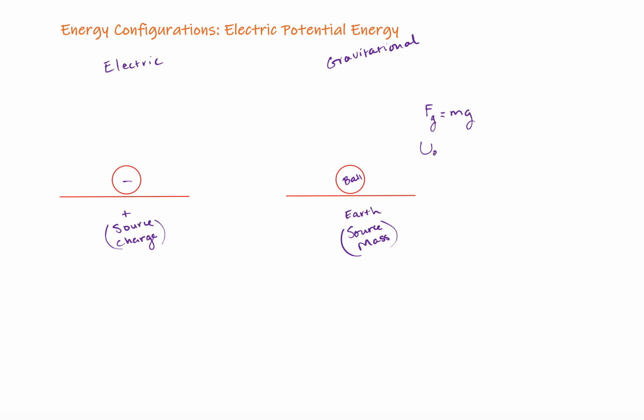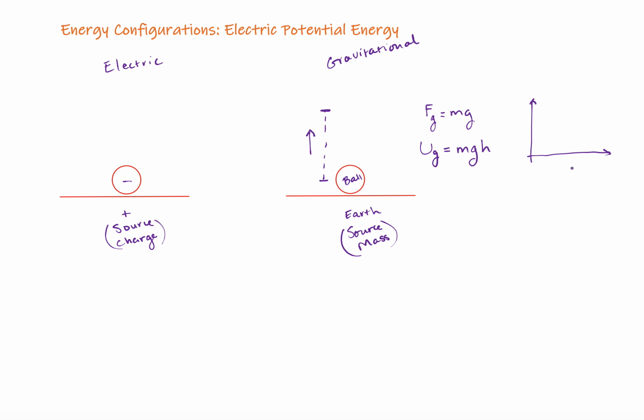If I say the gravitational potential energy is equal to m times g times h, and I change the height of the ball to something up here, a position that's higher than it was before, then I am increasing the amount of gravitational potential energy in the system.